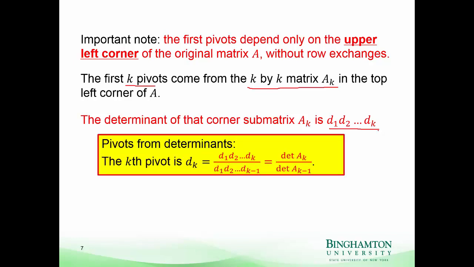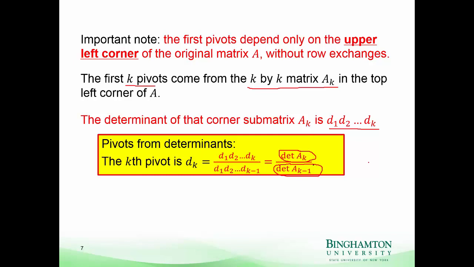And so if we think about it, let's just work from this direction. Let's say we take the determinant of A_k over the determinant of A_{k-1}. So these are the upper left corner. So we're taking a k by k version in the numerator and a 1 smaller version in the denominator, k minus 1 by k minus 1.